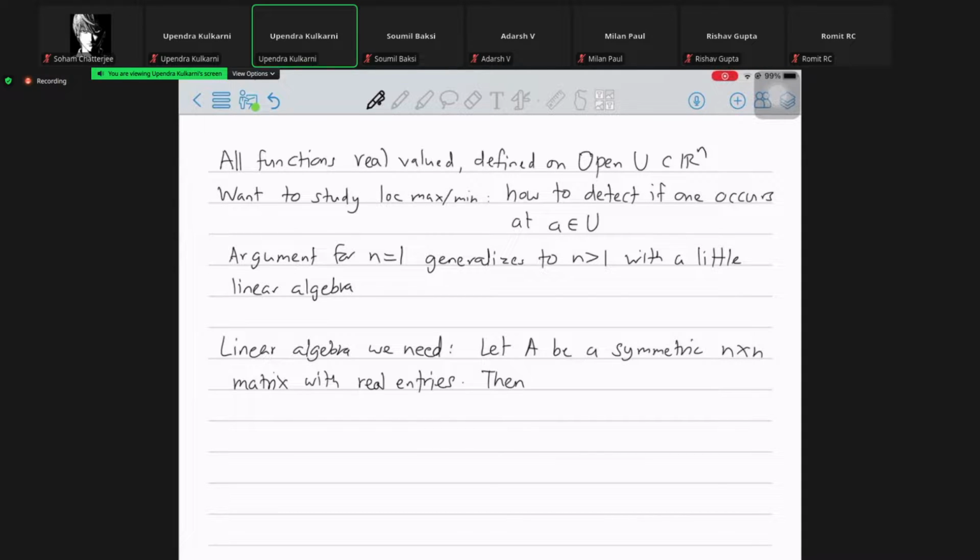So then there is an orthonormal basis v_i consisting of eigenvectors.